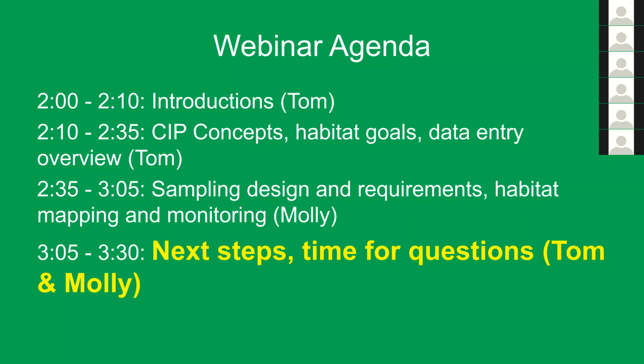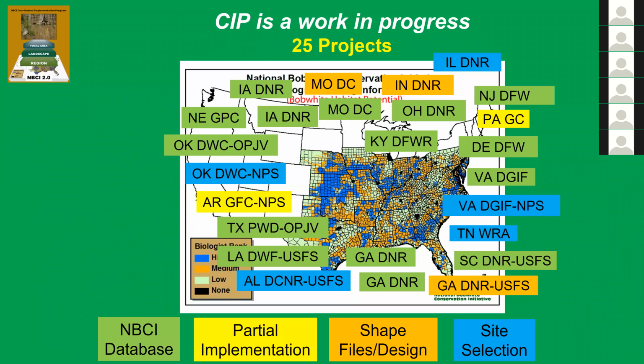A good first step, if you're not a state staffer, is to work with the state quail coordinator to get your habitat management into the inventory. And I cover that in a second.